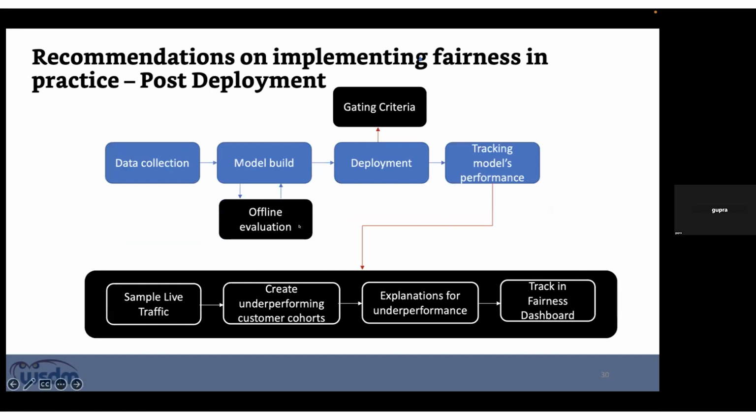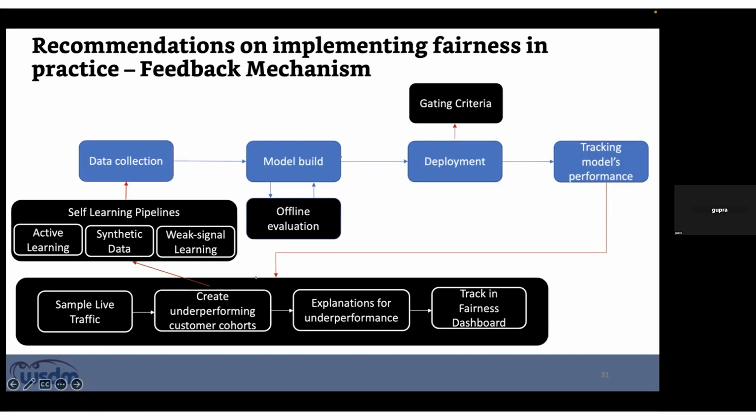When you're tracking the model's performance, you should track it based upon certain fairness metrics. So here, for example, we can segment our customers and then look for performance gaps and explanations for them. We should track fairness metrics in the standard accuracy dashboards, and then draw a feedback loop between what we see in the real world and the next cycle of model building.